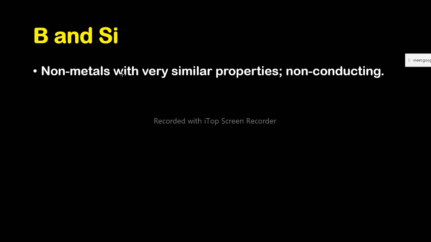Number one, boron being in group 3 is supposed to be a metal, because group 3 elements are metals. Why? Because they have 3 electrons in the outermost shell. So they are regarded as metals.